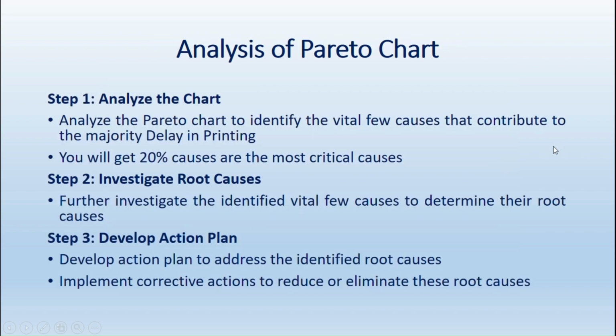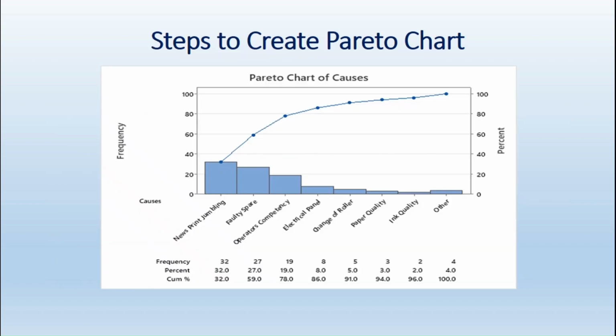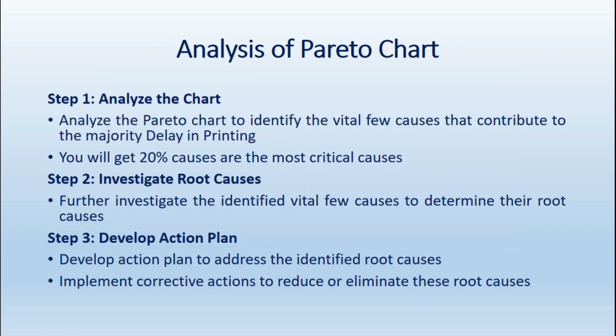Now if you want to further investigate or identify the root causes of the problem, then you have to further analyze this chart so that you can identify the root causes of the problem and can come up with the action plan.